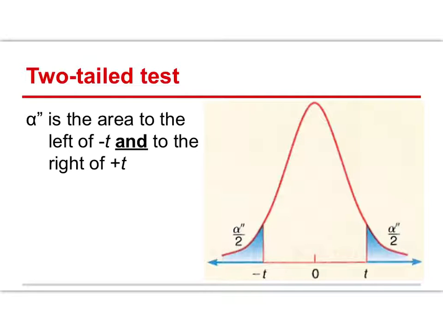For a two-tailed test, again we're using the alpha double prime row here, and that's the area that is to the left of negative t, so the area that's over here in this left-hand tail, and the area that is greater than the positive t-score. So if we're in either spot, then we're in one of those blue regions.